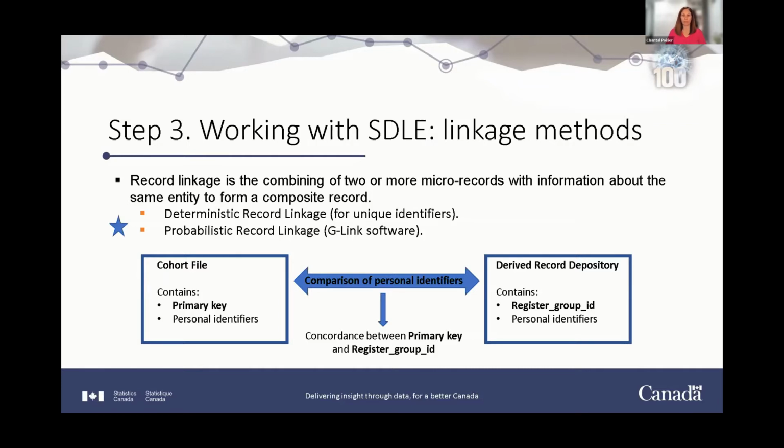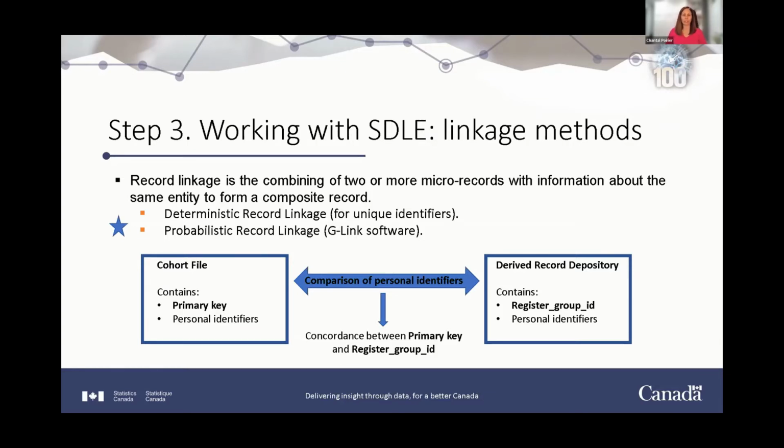A unique direct identifier would be a social insurance number or a hospital insurance number, for example. In that case, we would do a direct match only on SIN. That type of linkage takes less time because there is not much data processing and the linkage is done on only one variable.